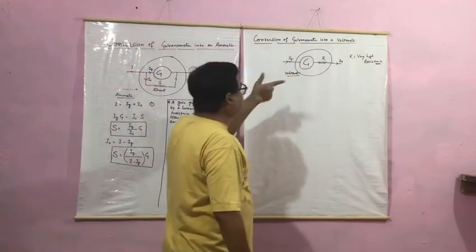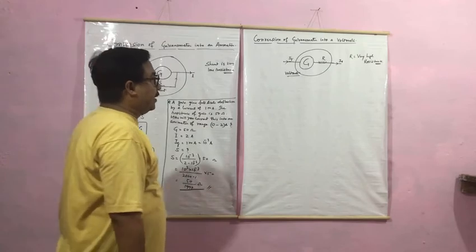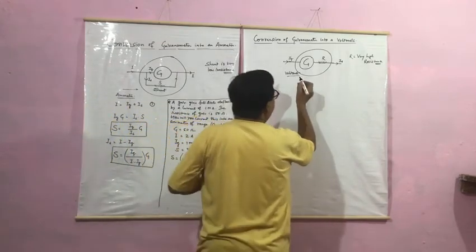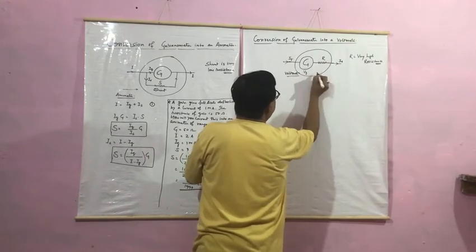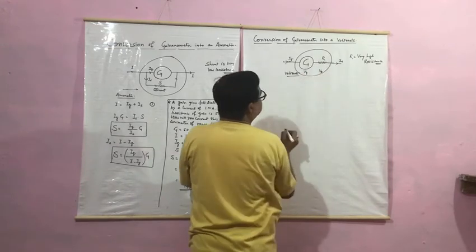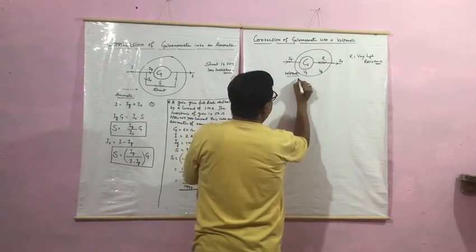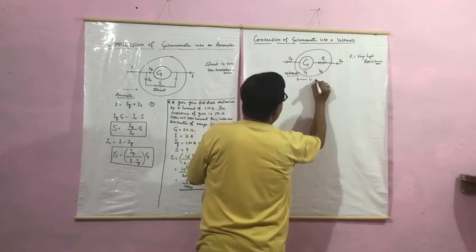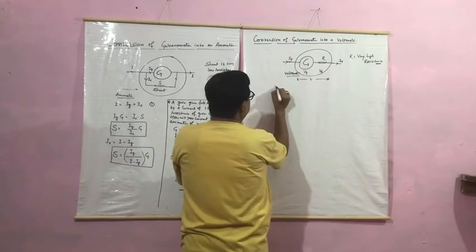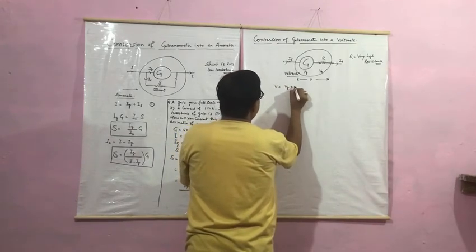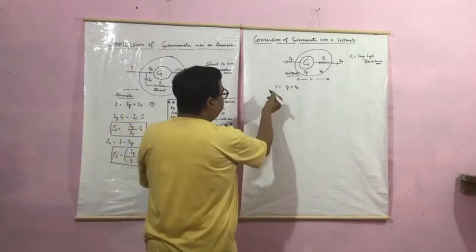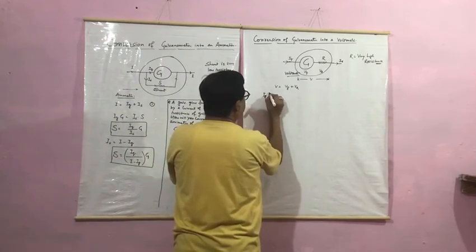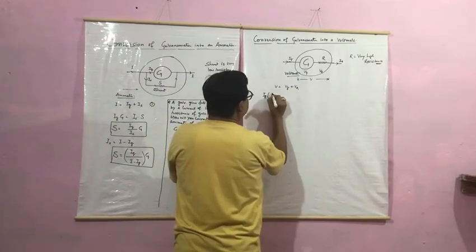Okay, now we have to find the value of R. How do we convert it? So we have to write equations only. The potential across this is Vg, potential across this is Vr, and this is V. So we can write V is equal to Vg plus Vr, and this V can be written as Ig into G plus R, series.